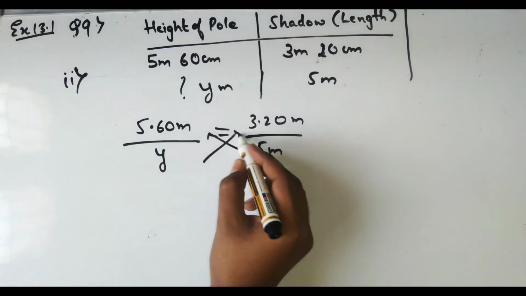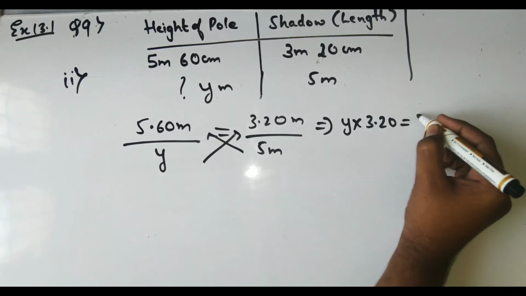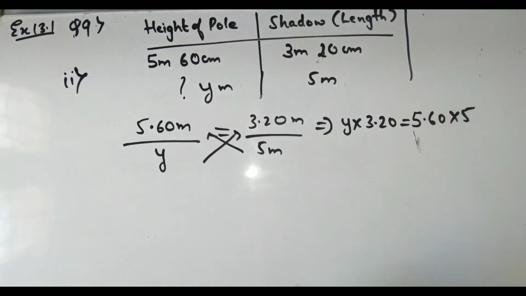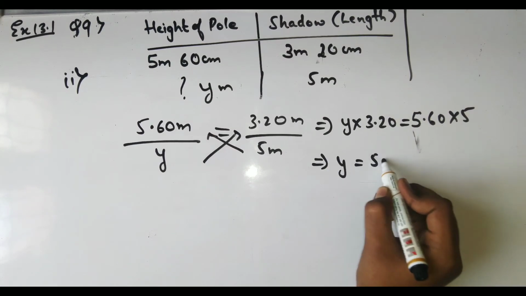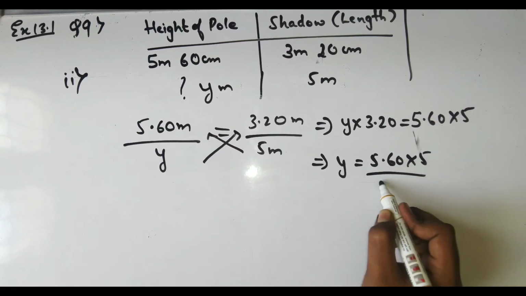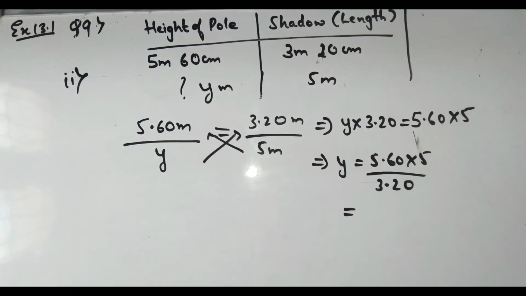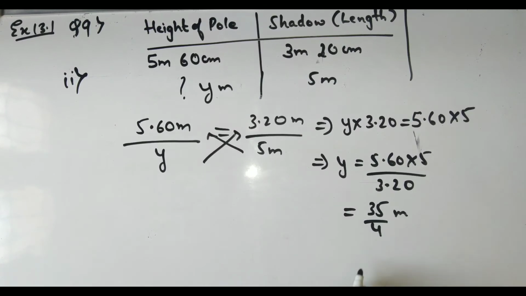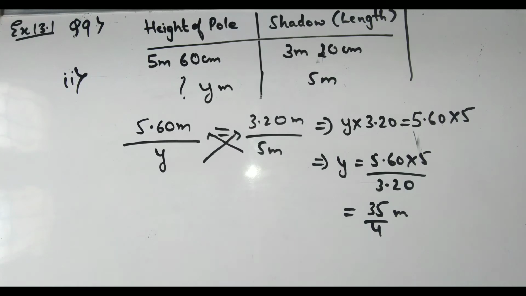Cross multiply, so you'll get y into 3.20 is equal to 5.60 into 5. From here y is equal to 5.60 into 5 divided by 3.20. From this I'll get the value of y as 35 by 4 meter. Further you can bring it into this form also. That's fine, anyways, this will be the answer.